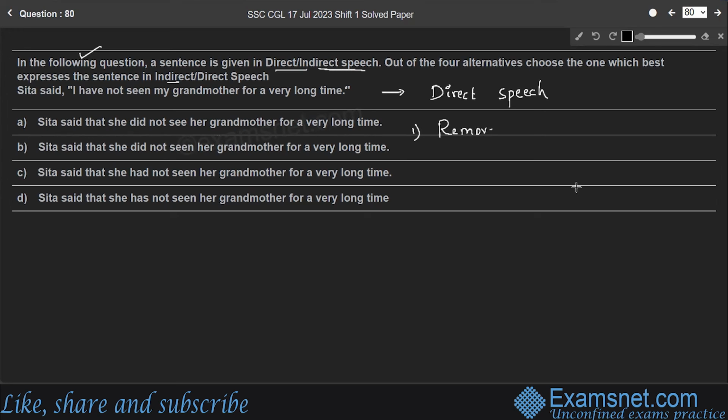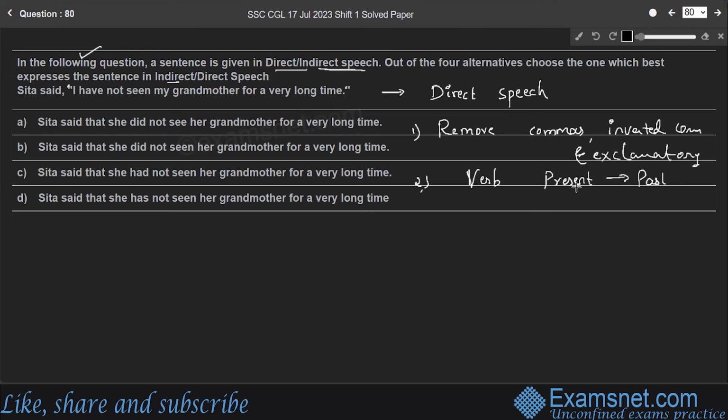Remove commas, inverted commas, even exclamatory marks. And the second rule is, if the verb is in present tense, change it to past tense. So if the verb inside the inverted commas is in present tense, change the verb from present to past tense in the indirect speech.